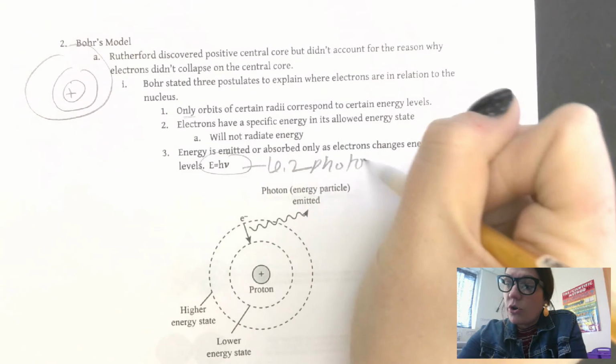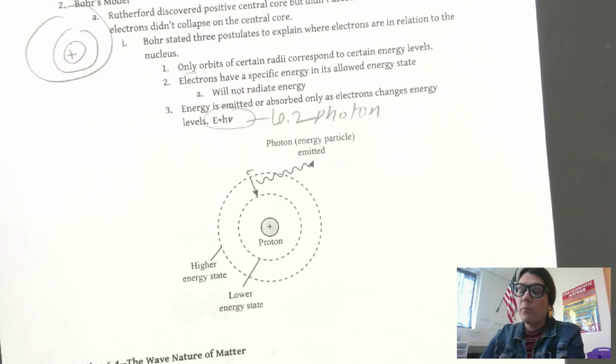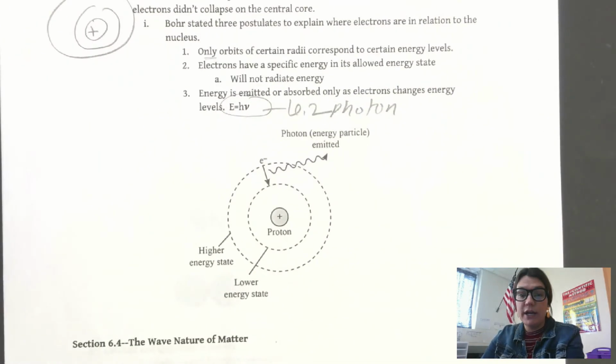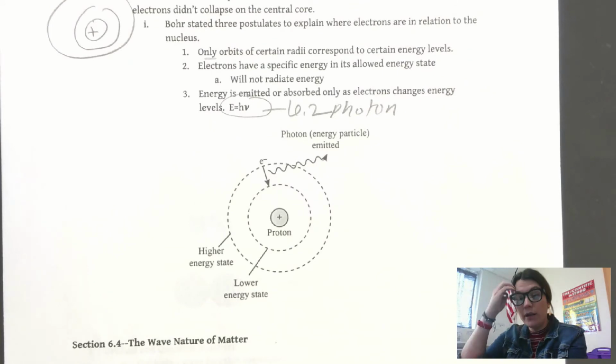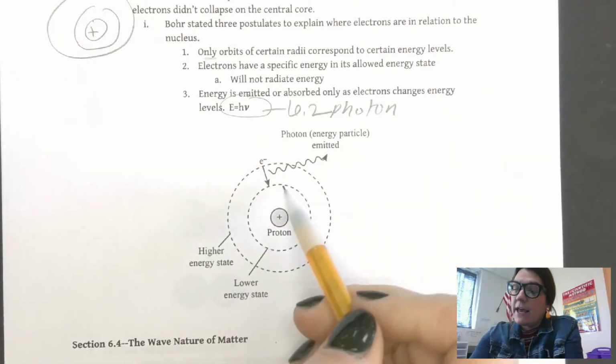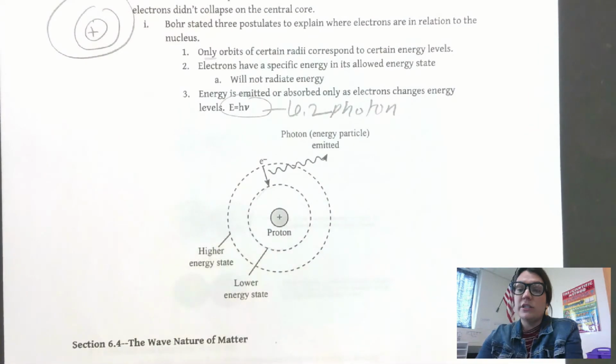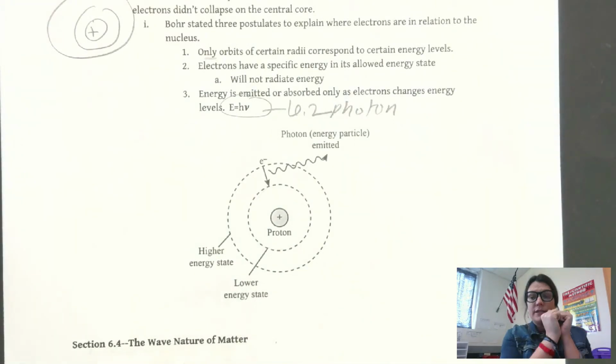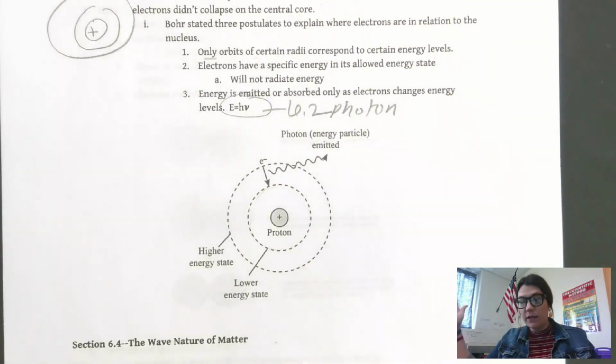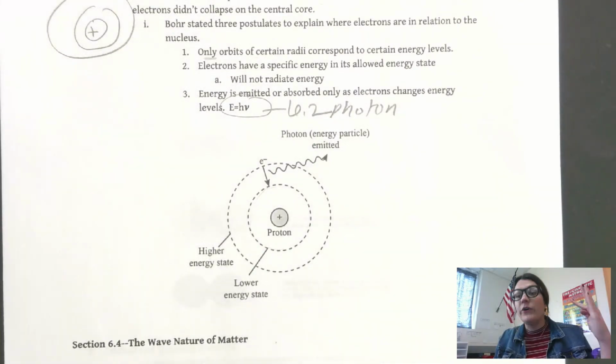So if we look at the way that Bohr has this idea of electrons releasing and absorbing energy, what he's saying is that as the electrons move away from the nucleus, think about this. If you're holding a dumbbell, it's a lot easier to hold the dumbbell close to you like this than it is to hold it away, right? After a while, your arms get tired. The same thing happens with electrons. The further away the electrons get from the nucleus, the more energy that they have.